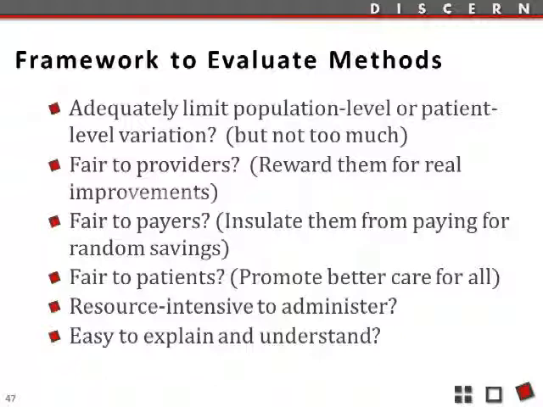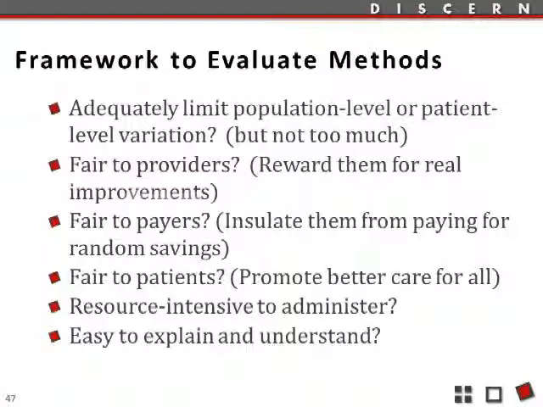So we have to have some methodology of insulating payers from paying for random savings. Is the program fair to patients? Is clearly a key issue. Ultimately, if these programs don't improve patient health, then they won't be around for long.